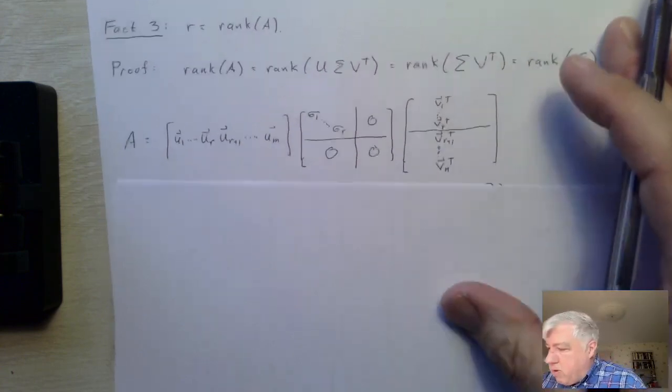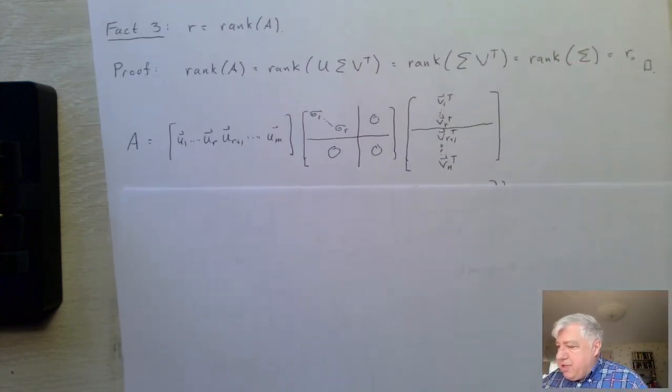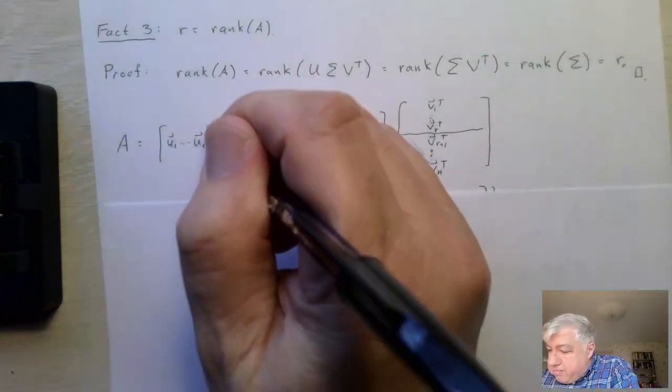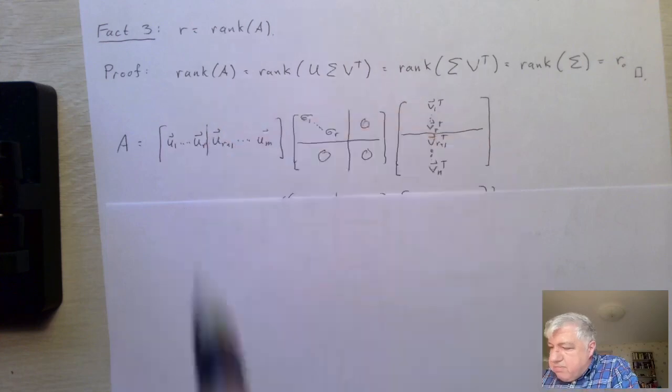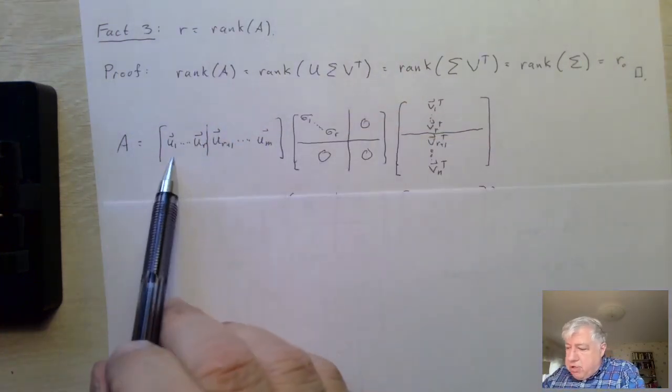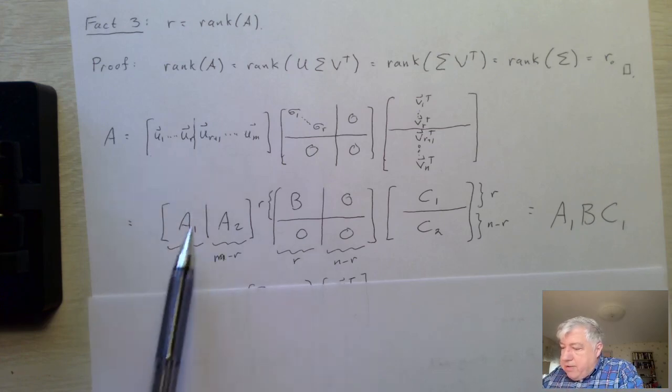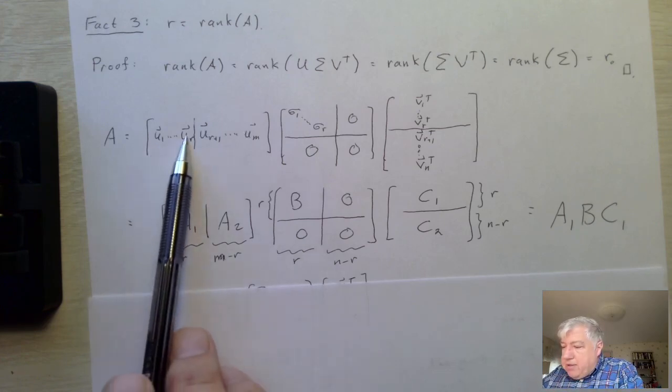What we're going to do is partition these matrices into submatrices. And we're just going to let A1 be this submatrix consisting of U1 through Ur.